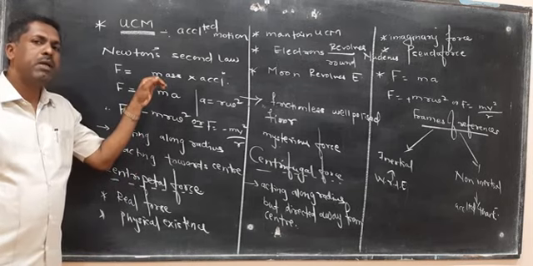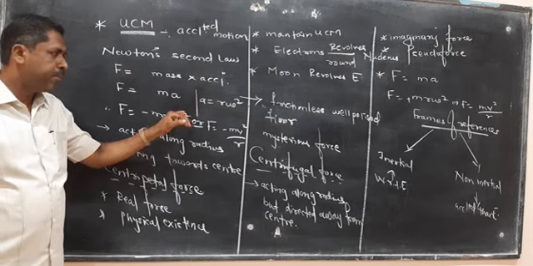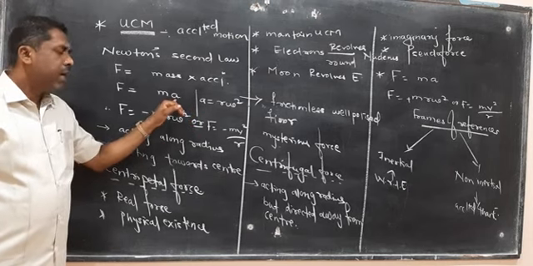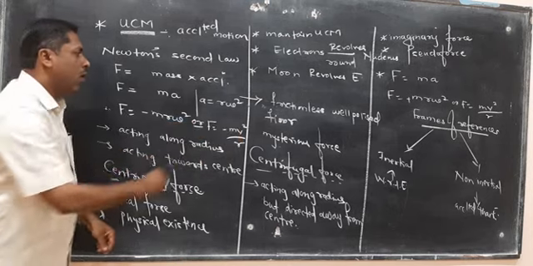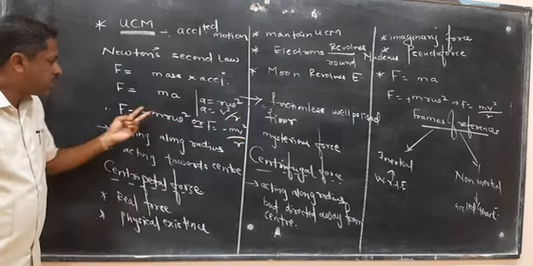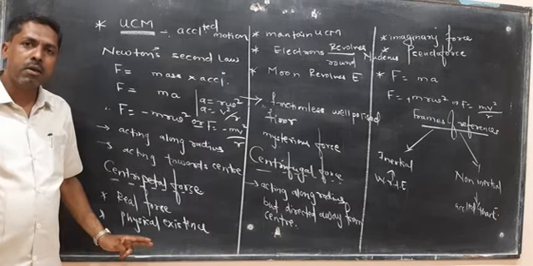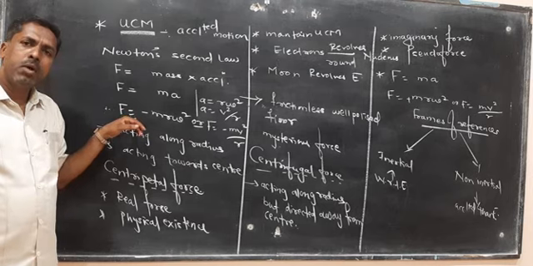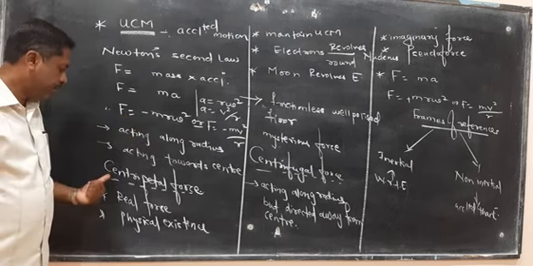That force is mass into acceleration, F is equal to m a, where a is r omega square or v square by r. So it becomes minus m r omega square, or minus m v square by r. Why the negative symbol? Because the force is acting in the opposite direction.